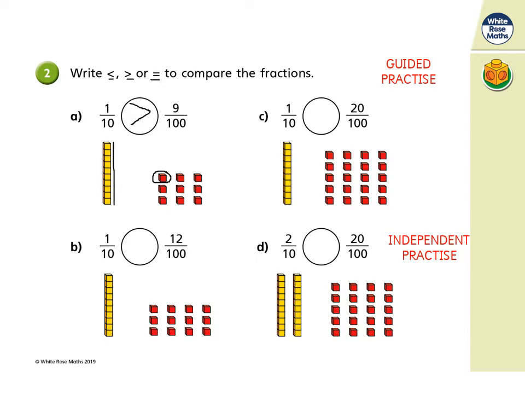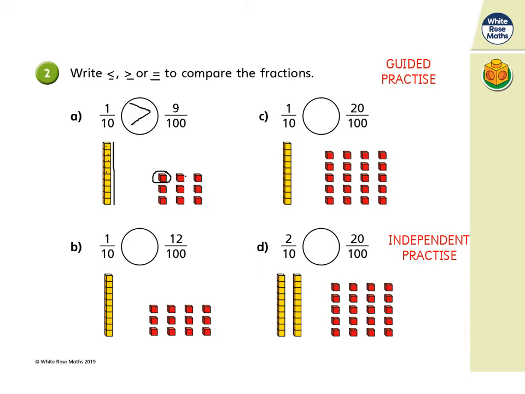9/100. And my more than symbol, remembering my crocodile likes to eat the largest amount because he's so greedy. So that is my more than sign. 1/10 is more than 9/100, and I can use that visual representation. I know there are 10 equal tiny squares, and here there are 9.